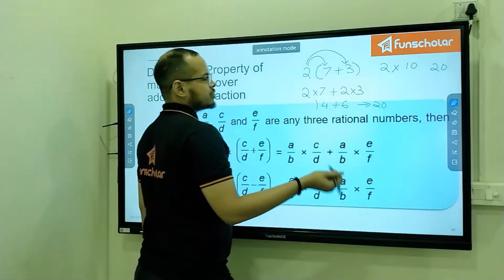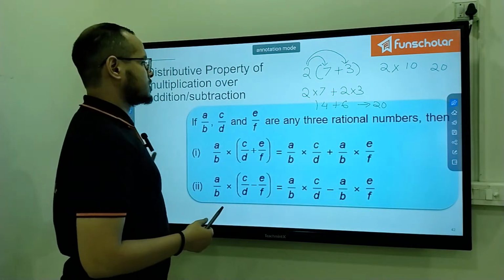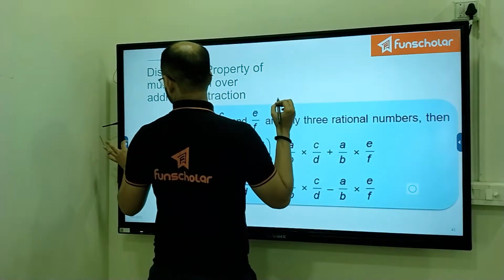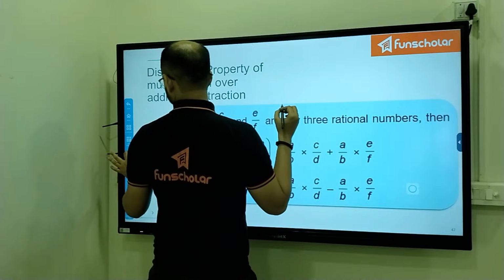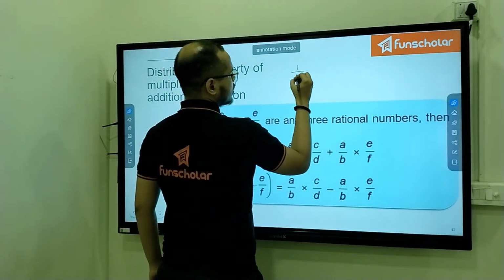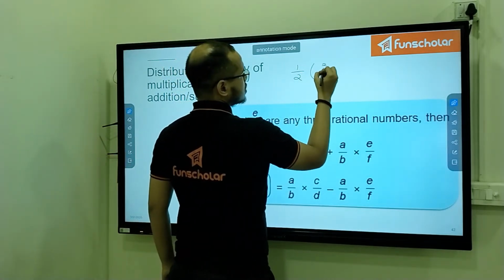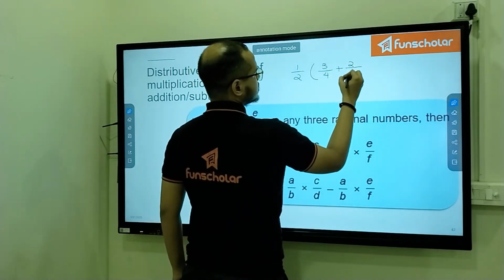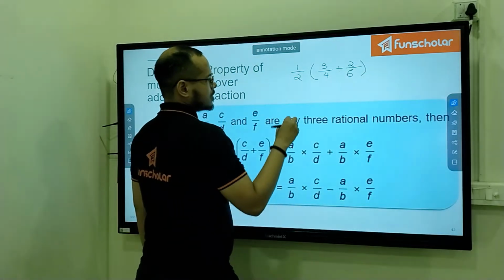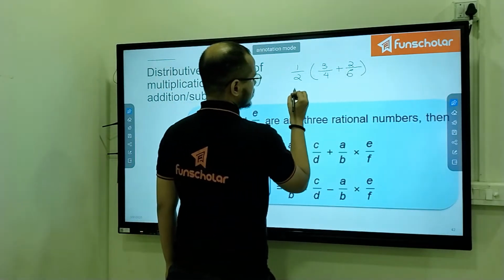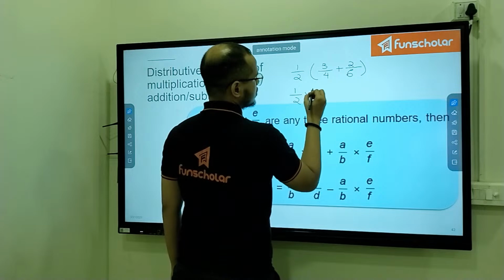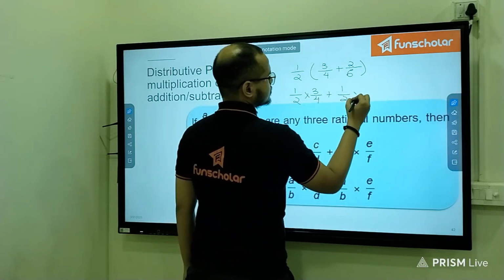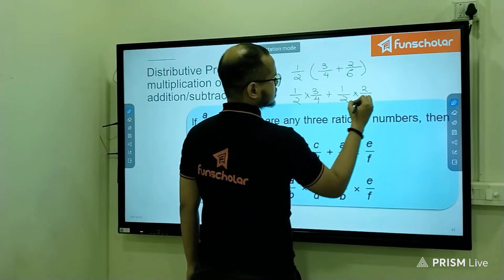The same thing is going to get utilized in rational numbers as well. So let us do an example. 1 by 2 into 3 by 4 plus 2 by 6. Again, 1 by 2 into 3 by 4 plus 1 by 2 into 2 by 6.